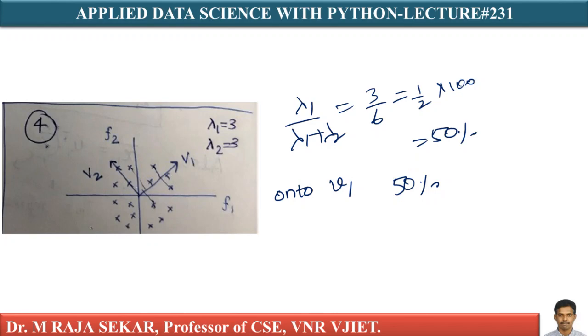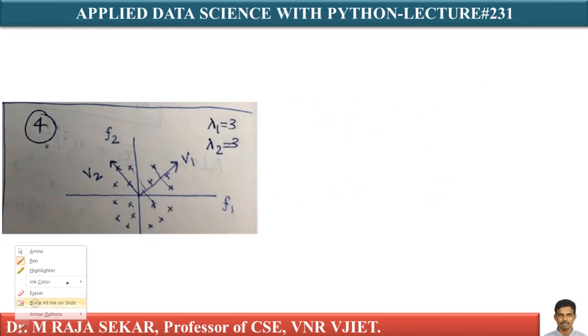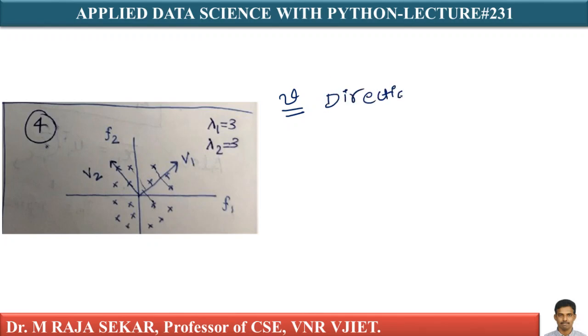You must understand the geometrical interpretation of eigenvalues and eigenvectors. Your eigenvectors, the v's, tell you the direction of where the variance is maximum.